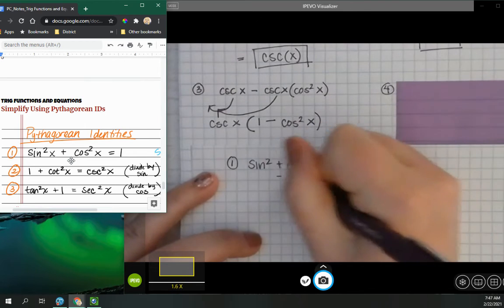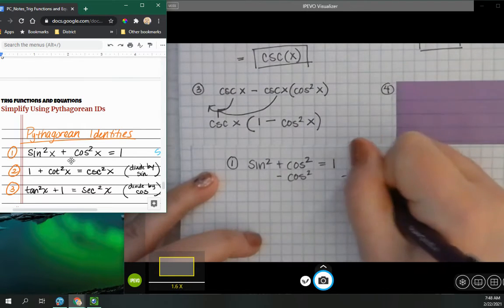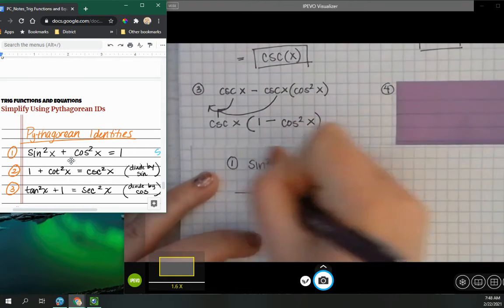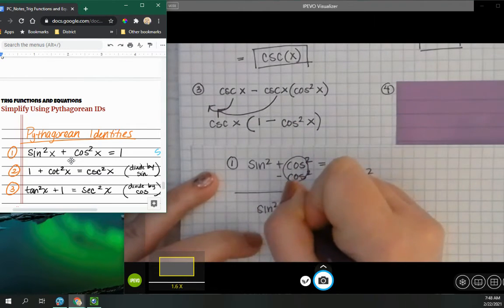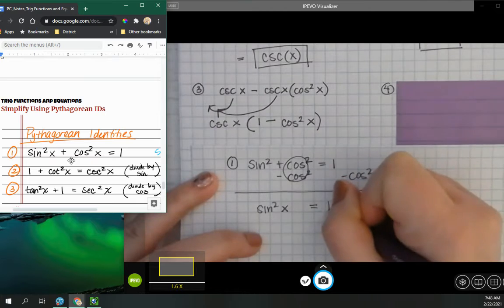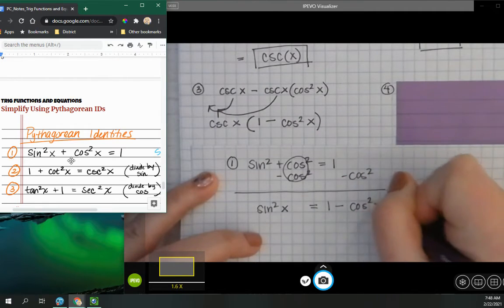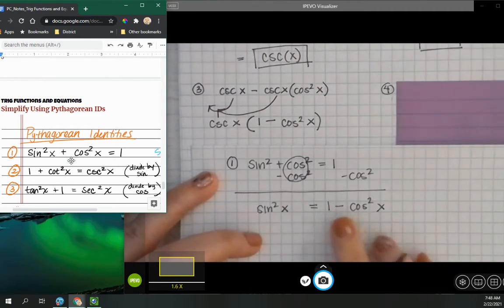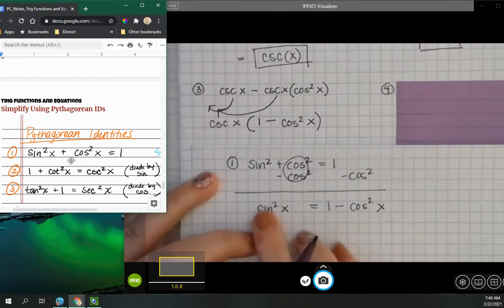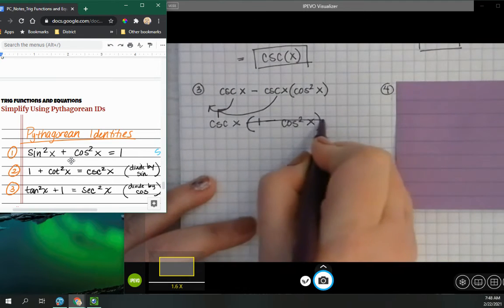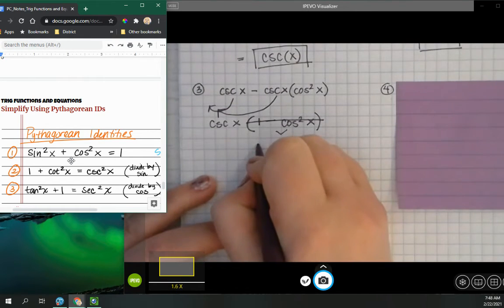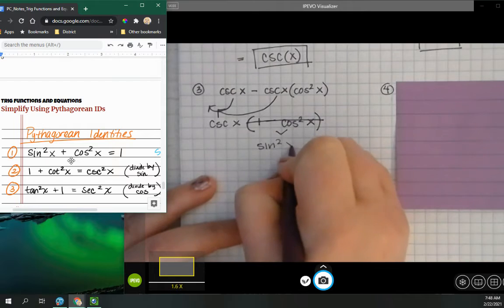So if I subtract cosine squared from both sides, sine squared, we're going to use the x's, 1 minus cosine squared. So if I've got a 1 minus cosine squared, it's the same thing as replacing it with sine squared. So I'm going to cross out this large parentheses and just insert a sine squared.